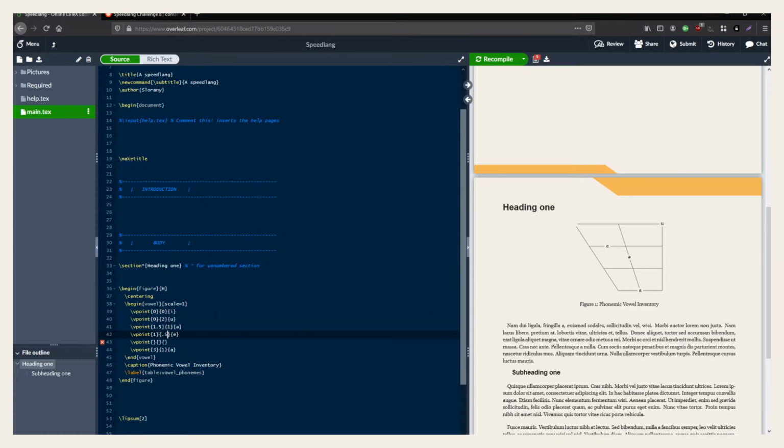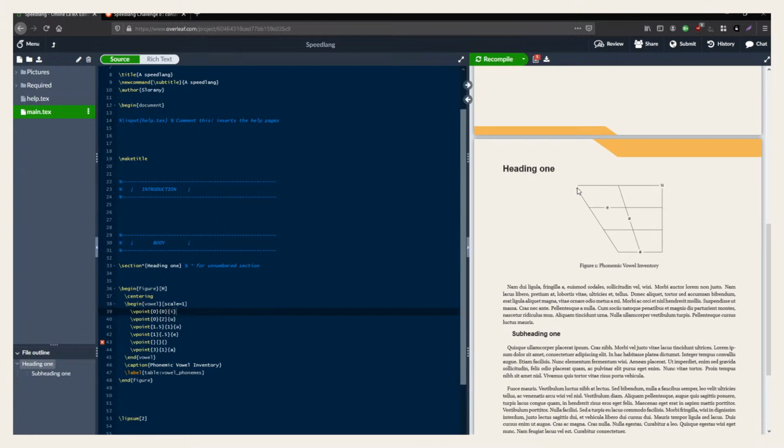Can I make sense of this? And why did my E disappear? Where's my E? What is wrong with me? Sorry, it's been a while since I have used that package. Okay, yep, I've messed that up. Oh, that's because it's covered by this one, which is 0, 0.